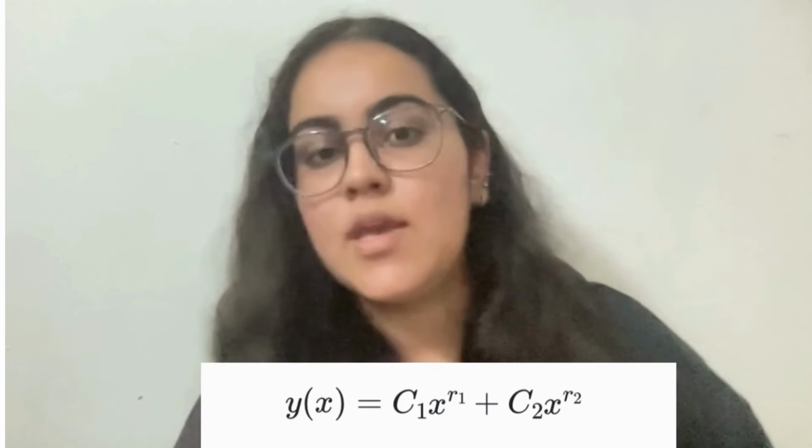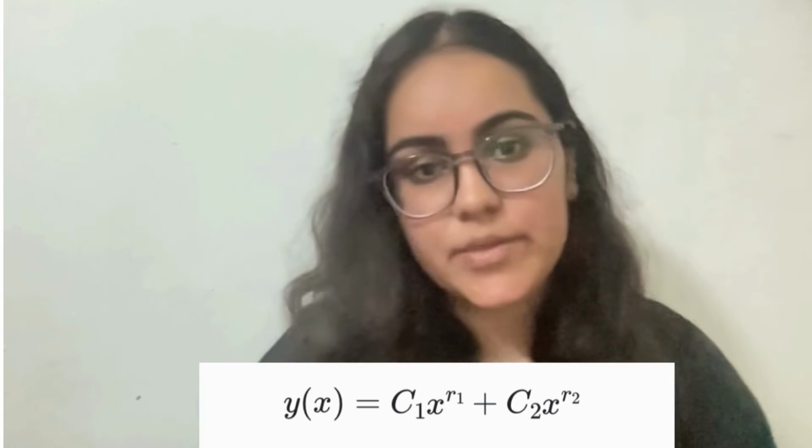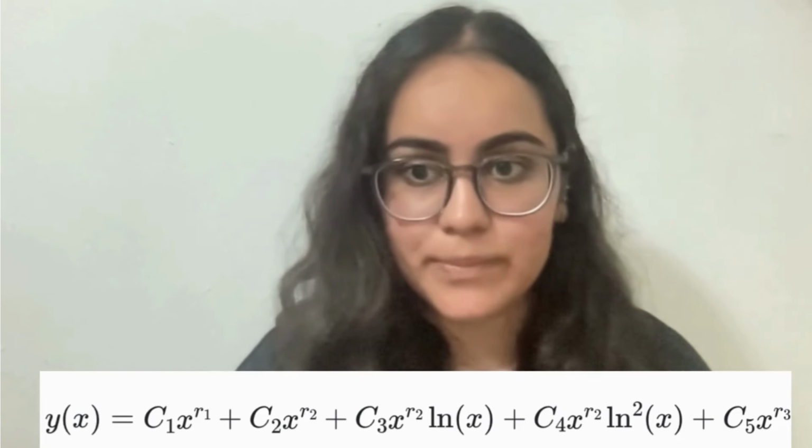Now, depending on whether the roots of that quadratic in m are distinct, repeated, or complex, we get different solution forms. If the roots are real and distinct, the solution is a combination of two simple power functions of x. If the roots are real and repeated, then one of the solutions involves a logarithmic term.